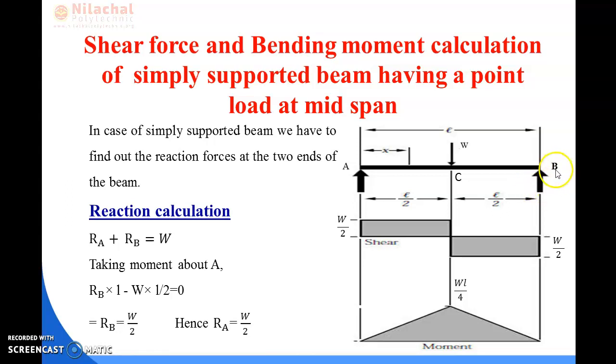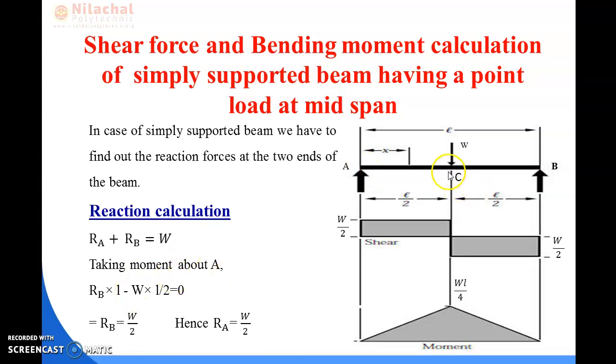For this reaction, the load is RB and the distance up to point A will be L. So RB into L will be the moment for this reaction about point A. The sign of the moment of this reaction will be positive because this reaction gives a sagging moment towards point A.